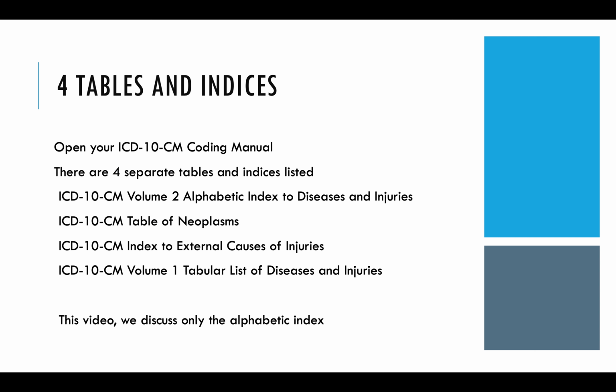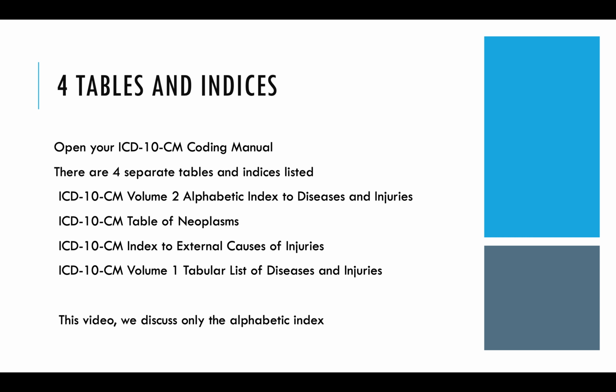So I want you to open your manual and look at your table of contents. It's just a few pages in, and we will find from this table of contents that there are 4 specific separate tables and indices in your coding manual.